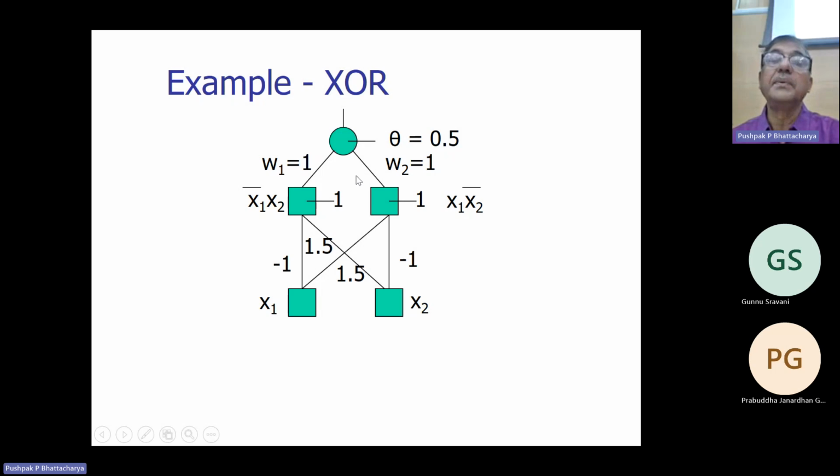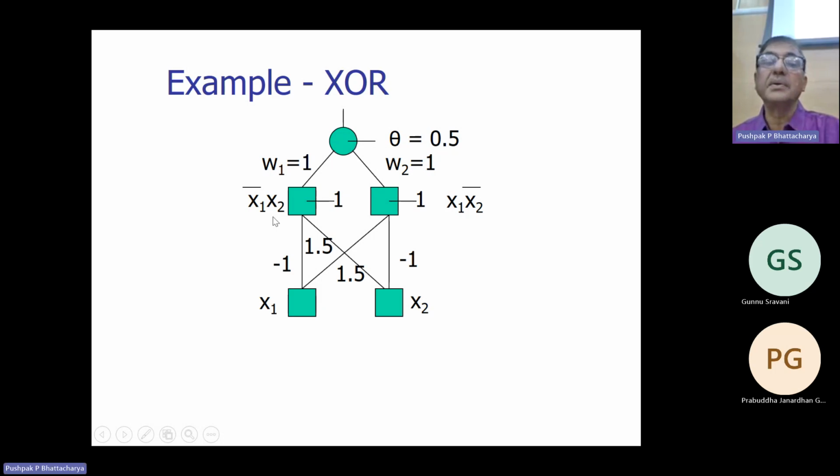So in your lab, one of the interesting tasks will be discovering what the hidden layer neurons compute. Once you train this feedforward network, the training algorithm being backpropagation, which I'll describe very soon, you should be able to find out what the hidden layer neurons are computing. Are they computing x1 x2 bar and x1 bar x2 and the final neuron computing OR?